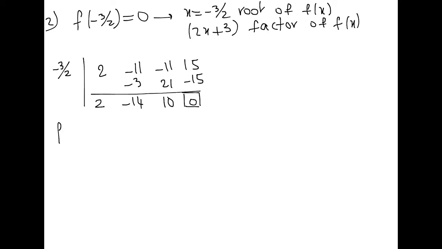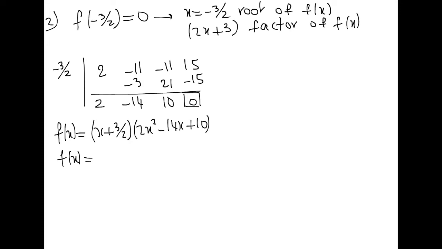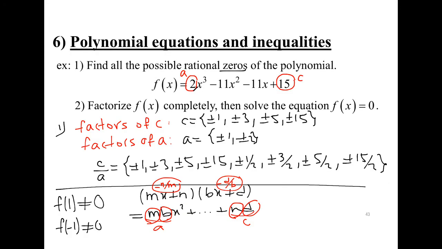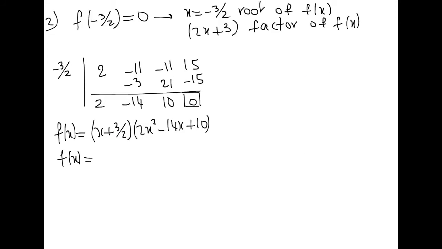So then f of x can be written as x plus 3 over 2 into 2x squared minus 14x plus 10. Of course, I want 2x plus 3 to be the factor of the polynomial, since, as you can see here, the leading coefficient of the polynomial is a 2 and is not a 1.